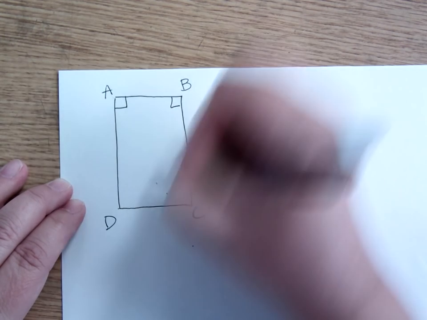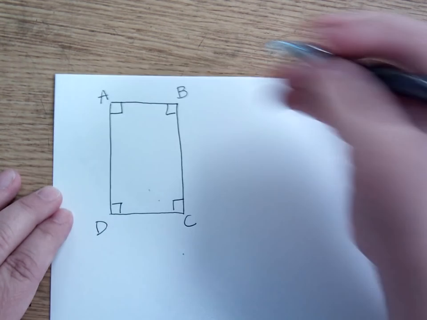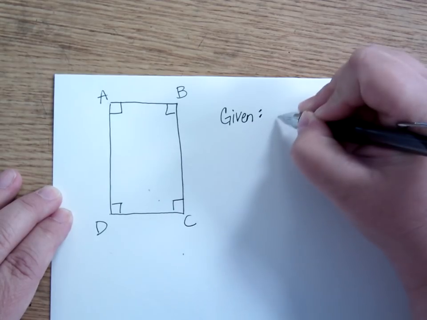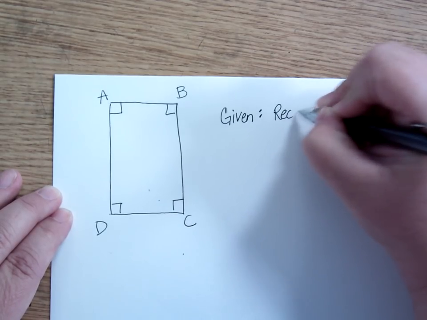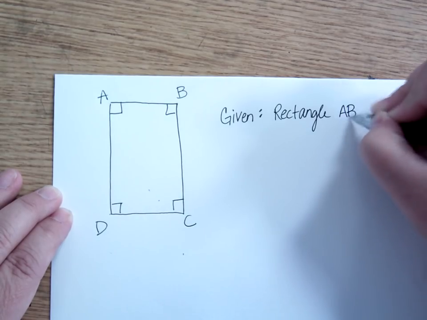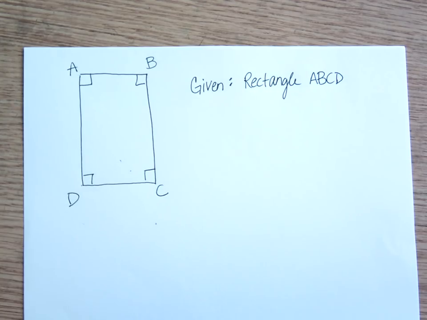I've got four right angles. And here's what I'm going to say, let's say given rectangle ABCD. In other words, it's given that ABCD is a rectangle, which is basically, by definition of rectangle, going to tell me that all the angles are right angles.